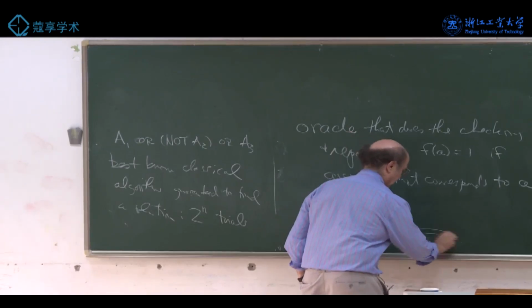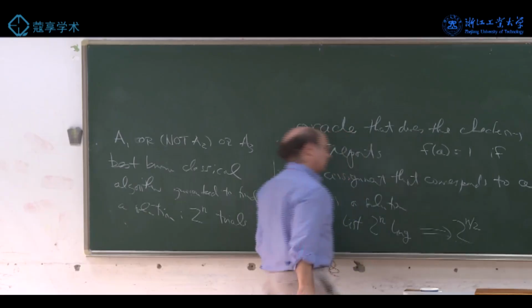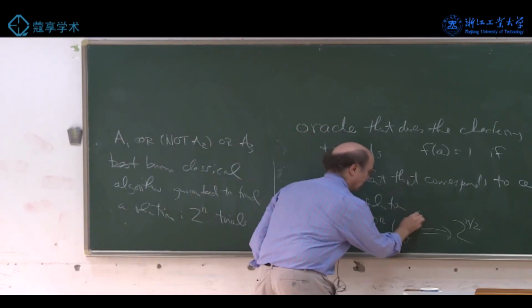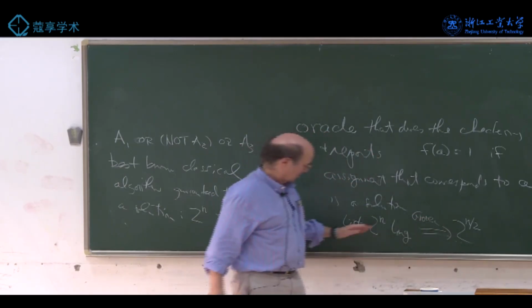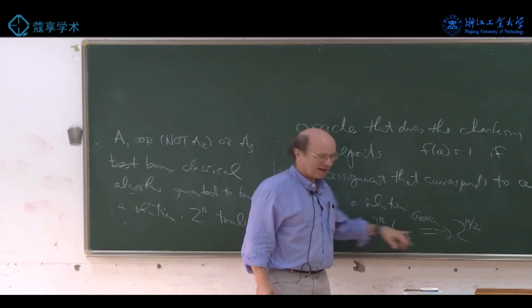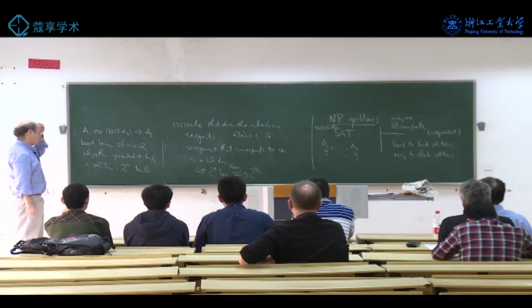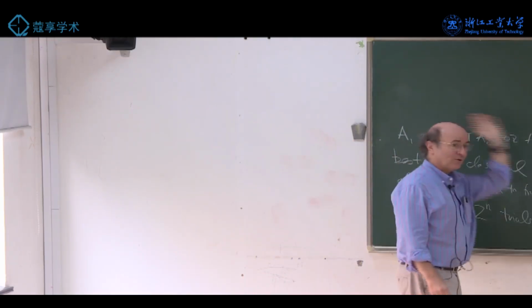Therefore, Grover implies that you can do this in a way that depends, instead of on exponential of n, on exponential of n over 2. You get a square root improvement just by trying them all.